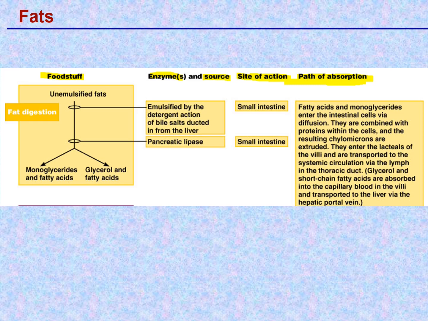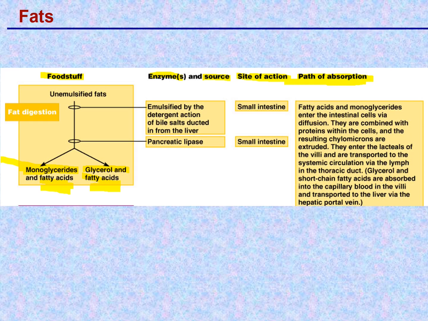Pancreatic lipase, which also goes into the small intestine, can then act on the emulsified fats and split them into either glycerol and fatty acids, or sometimes you get two fatty acids cleaved off of the fat molecule, the triglyceride, and you get a monoglyceride. That's a glycerol with one fatty acid chain, and fatty acids, the other two that were released.